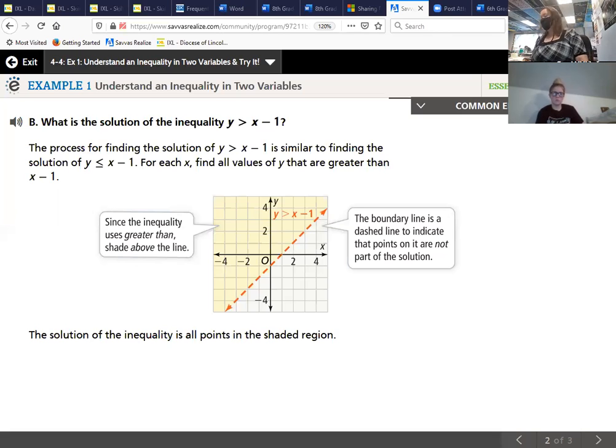And sometimes, depending on the slope of the line, it's hard to tell what's above and what's below, especially if we're close to vertical. So I will show you a trick to make it easier to determine for sure where you shade.